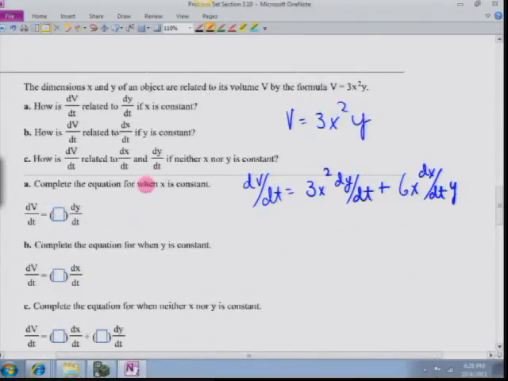Lee? Question? You come up with the 6x over here? Yeah. Take the derivative of that piece, because this is a product. So 2 times 3 is 6x dx/dt times y, because you're not taking the derivative of y there. I thought it was derivatives. Okay.